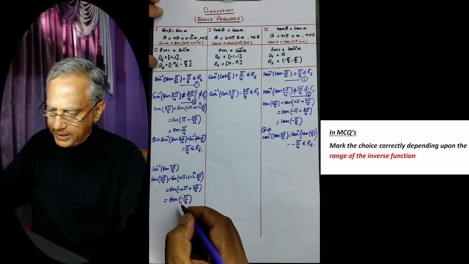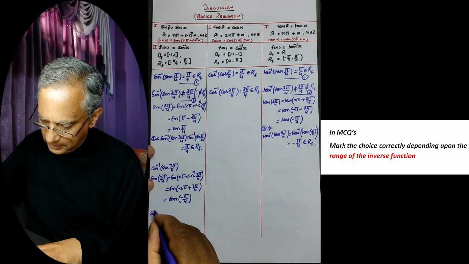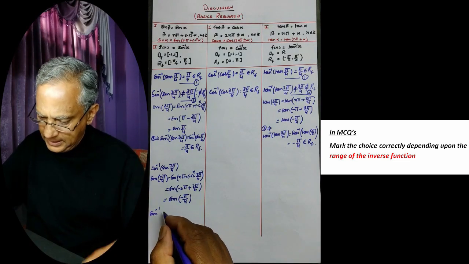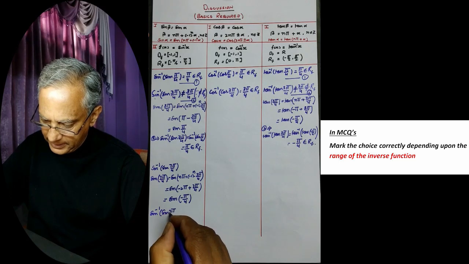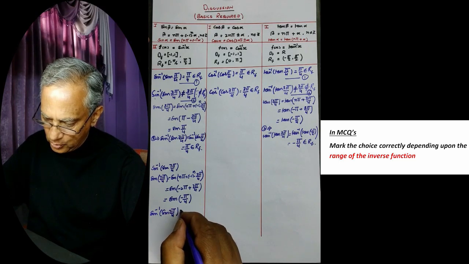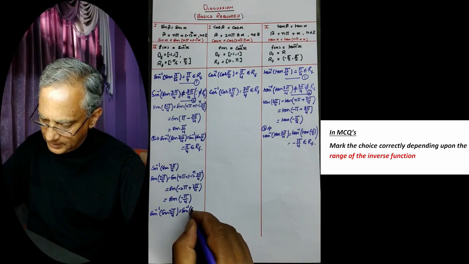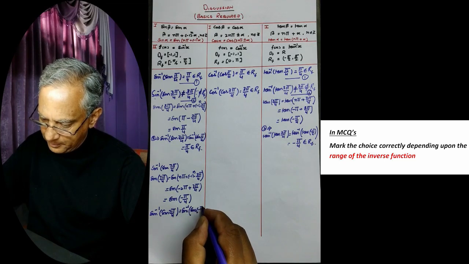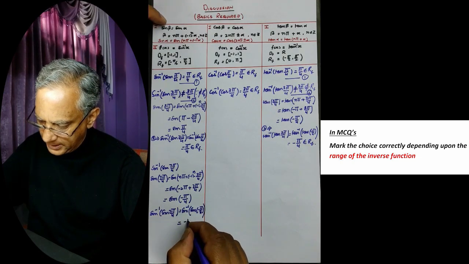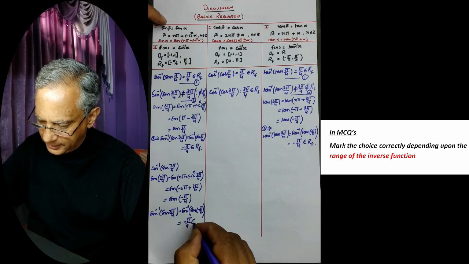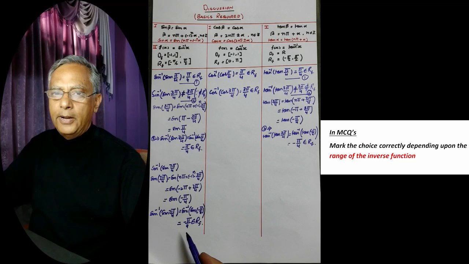So sine inverse of sine 7 pi by 4 is equal to sine inverse of sine minus pi by 4, and therefore this is equal to minus pi by 4, and this belongs to the range, so this is the correct value.